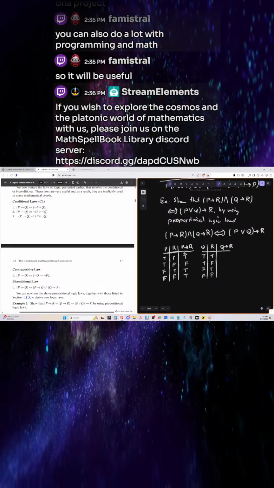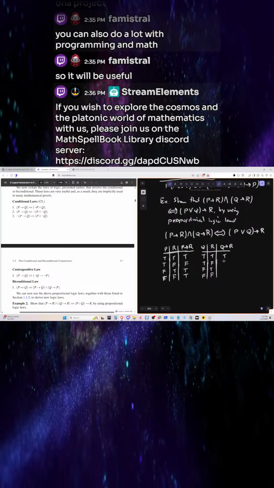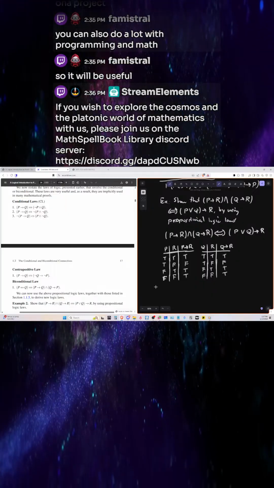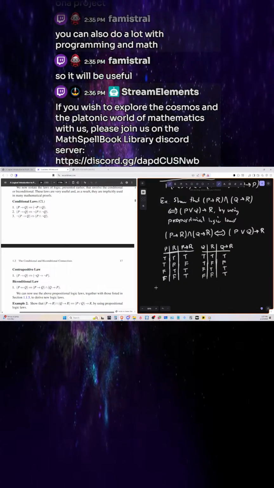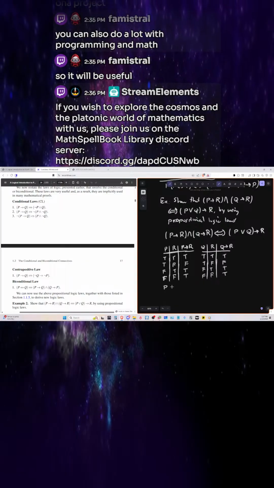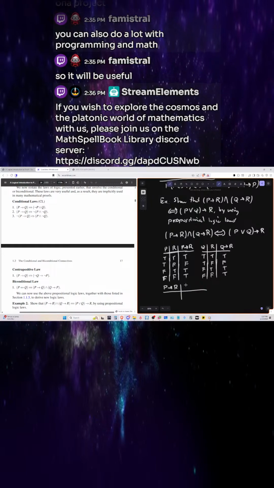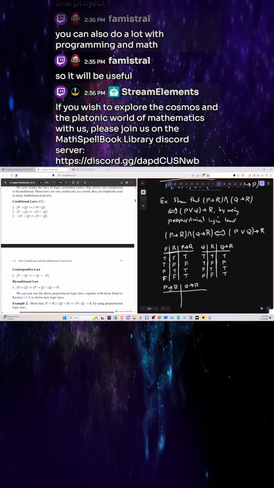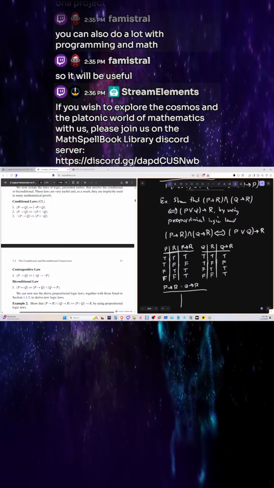And then the same on this side: true, false, true, true. If we have them like this, oh whoops, I didn't mean to divide it like that.